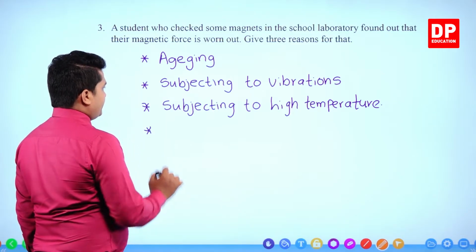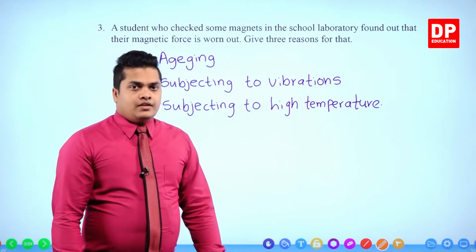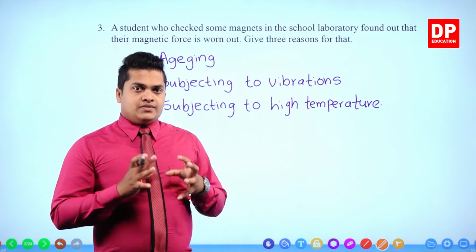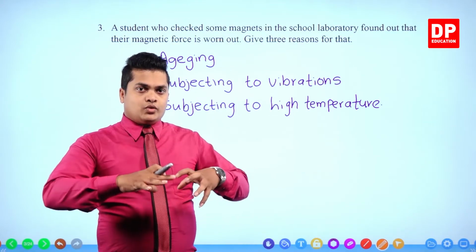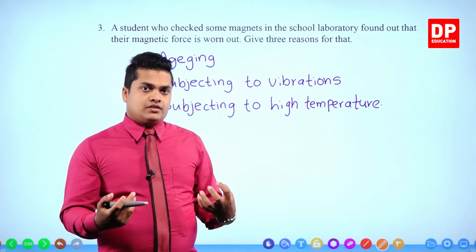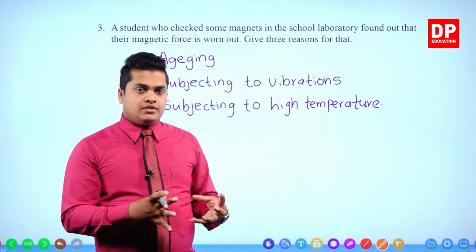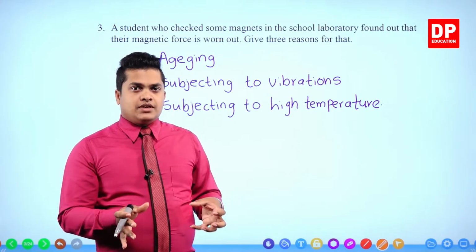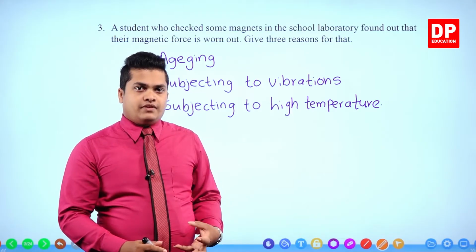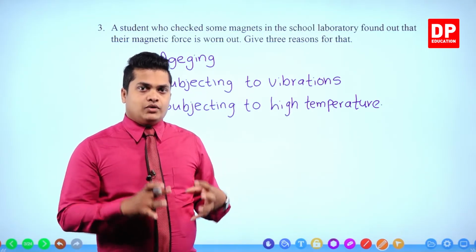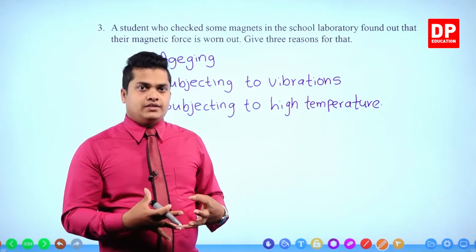Then finally, now you know that these magnets are being stored together. So if one magnet is somewhat stronger than the other, then sometimes due to that strong magnetic field, the magnetic power or the magnetic effect of a magnet may be lost.